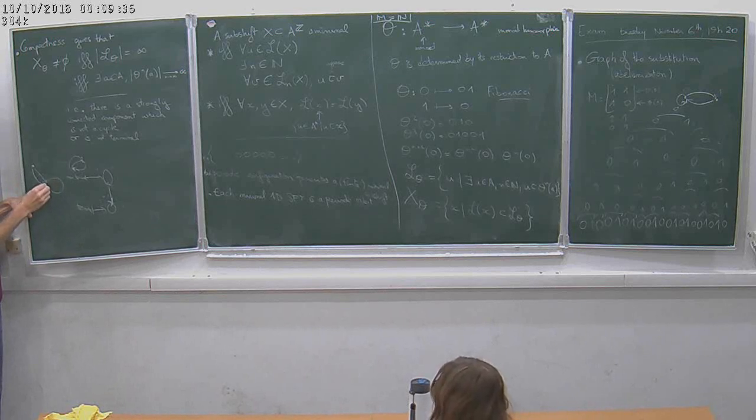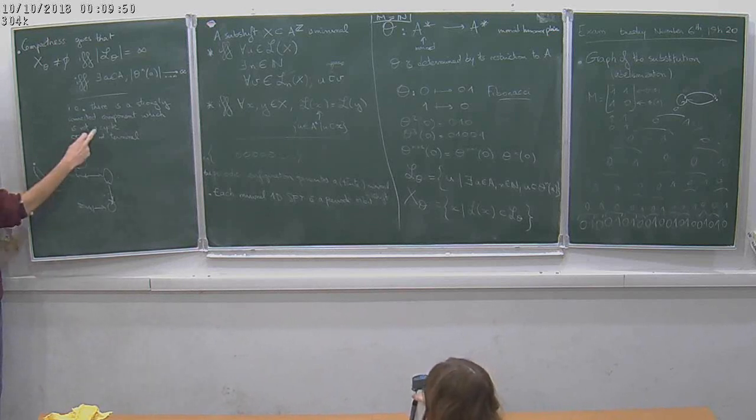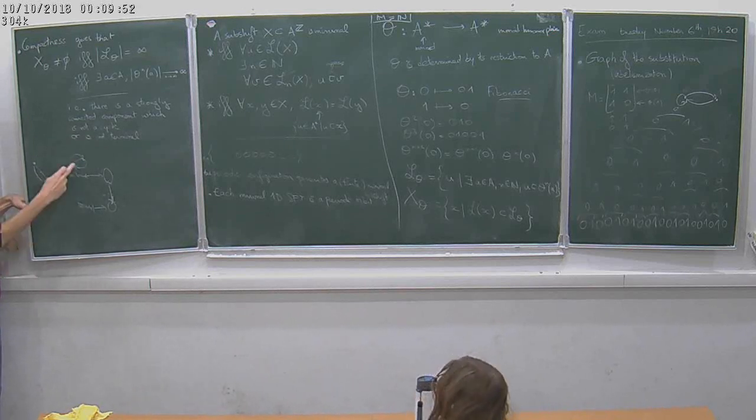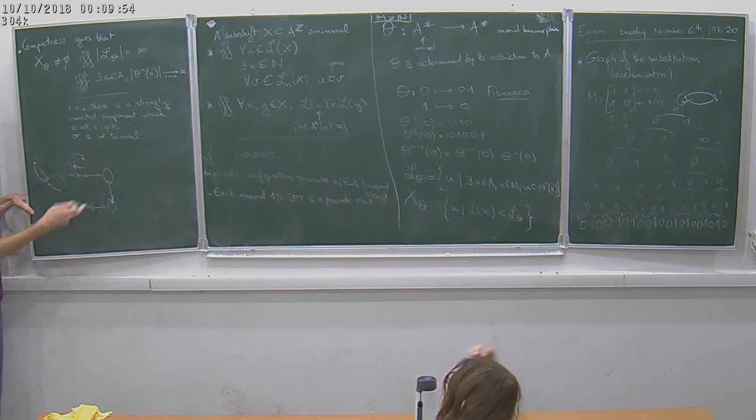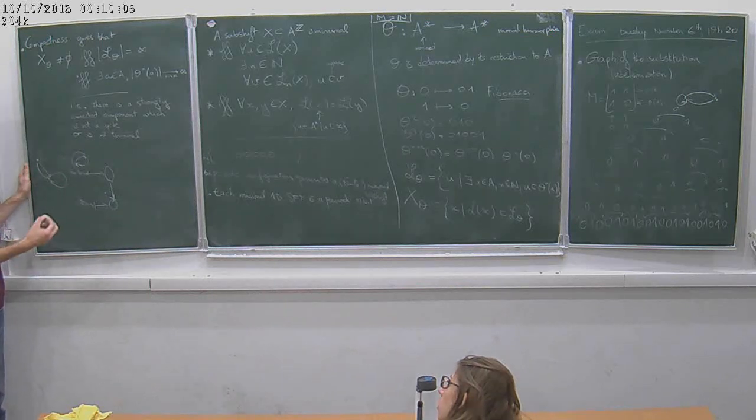In this example, the vertex is in no strongly connected component because there is no non-trivial path to itself. So this graph does not satisfy this, but these two graphs satisfy this. Yes, you are close.